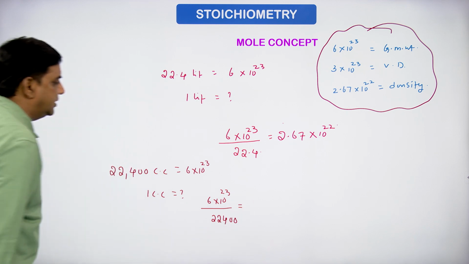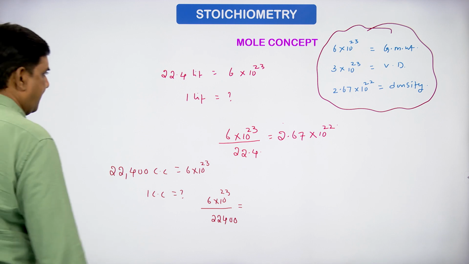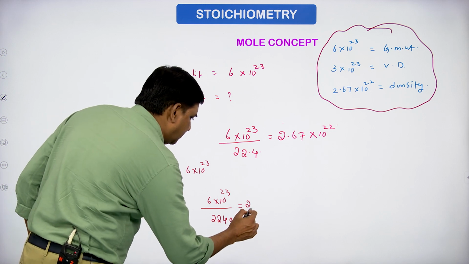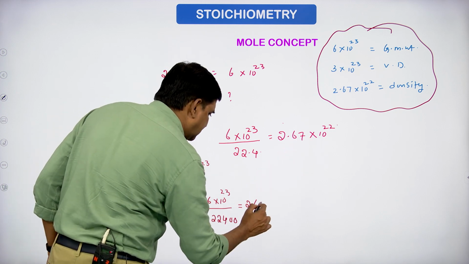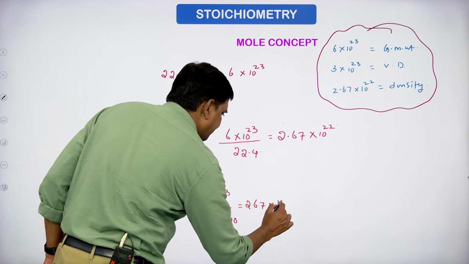How much is it? Calculate. This is equal to 2.67 into 10 power 19.